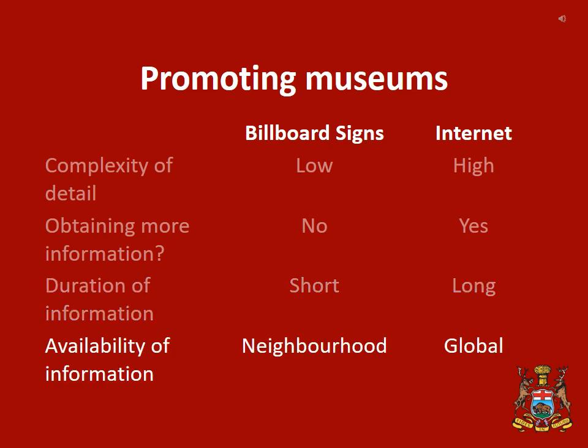And then I think most significantly is, where does the information get presented? If it's a billboard sign, it's to the neighborhood in which the billboard is put up. In other words, the only people who see that billboard sign are the ones in the immediate vicinity who drive past it, as opposed to the internet, which of course is global. So pretty much everything about the internet was a better way, we thought, to present this information about historical museums.